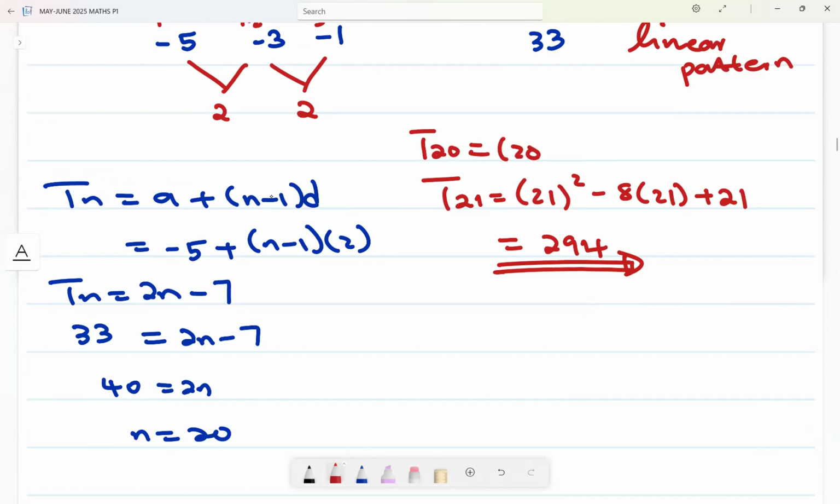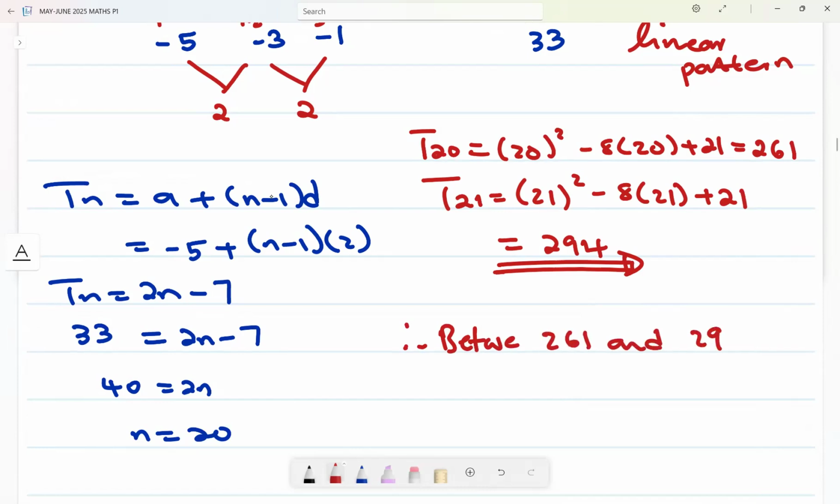T20 is going to be 20 squared minus 8 into 20 plus 21, which is equal to how much? 261. So it was going to be therefore between 261 and 294, or between T20 and T21.